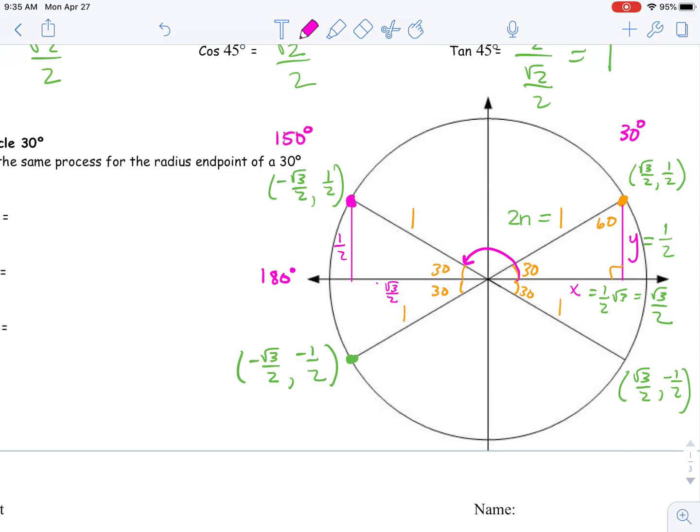This is 150 degrees. And in the third quadrant, I'm 30 after 180, so that would be 210 degrees. And then in the fourth quadrant, I'm 30 away from 360, so that's 330 degrees. So all of these angles relate back to 30 degrees, and notice the ordered pairs are all linked together as well.